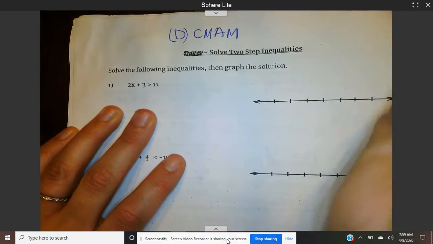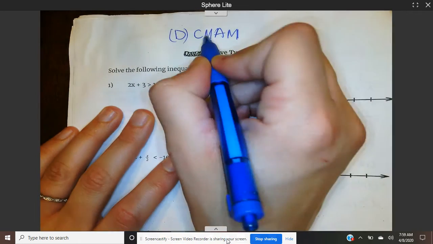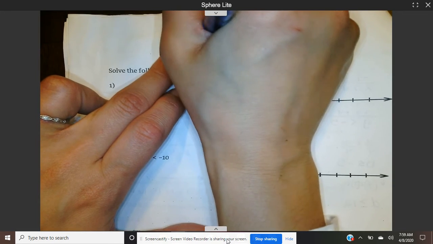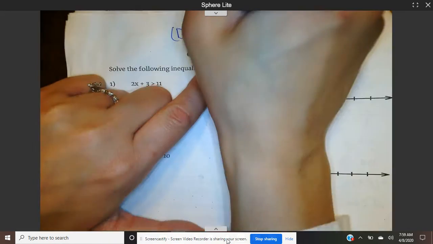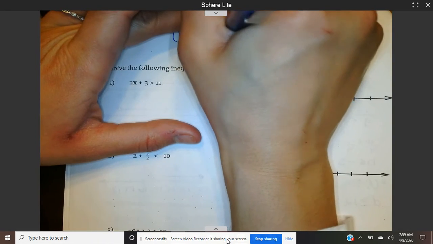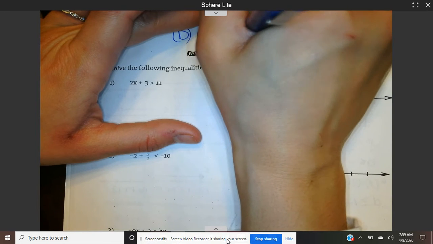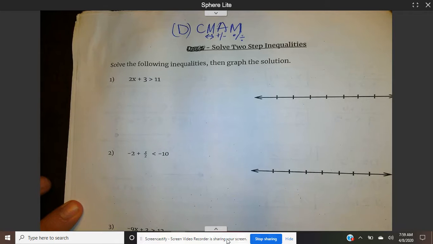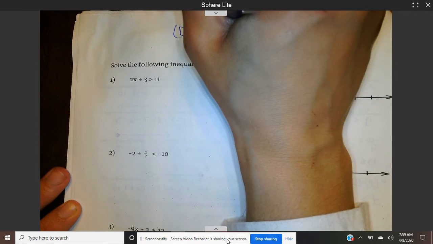So distribute, combine like terms, move our variable, right? And then add or subtract, and then multiply or divide. Okay, for 2 steps, we're actually only going to do the last 2.